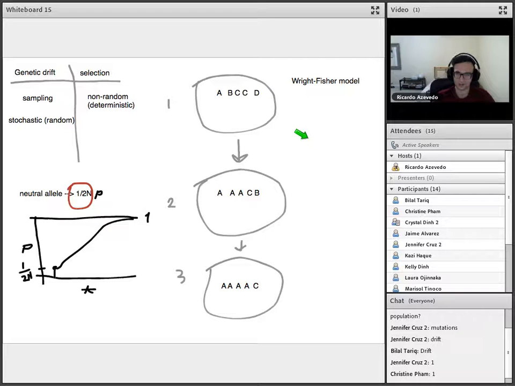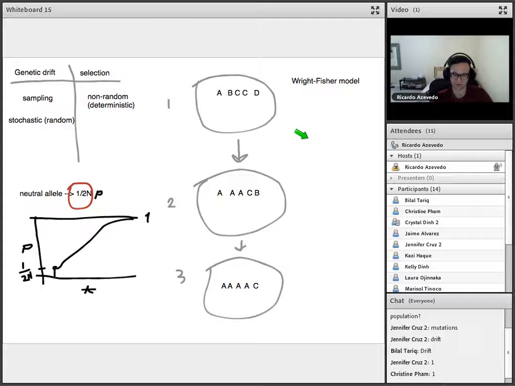And in the case of Hardy-Weinberg, you have an expectation which is 2pq, right? And Hardy-Weinberg, as we know by now, is simply based on infinite-sized populations. It's not really realistic for natural populations.